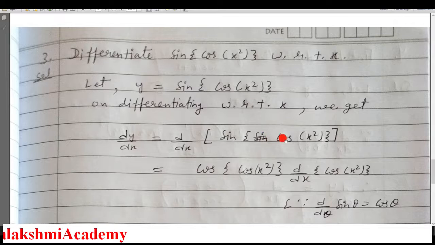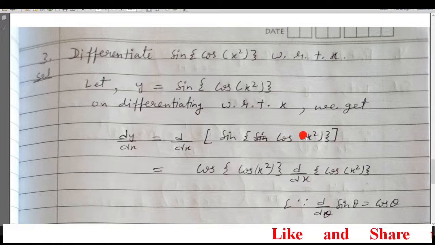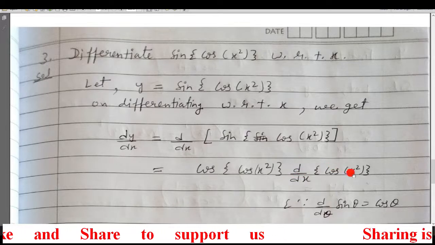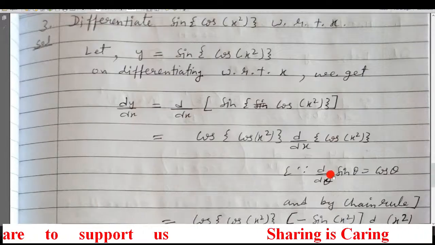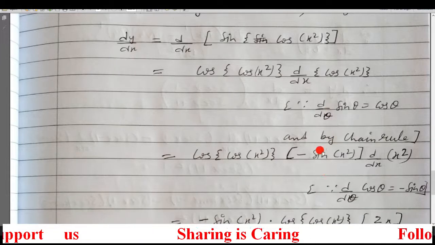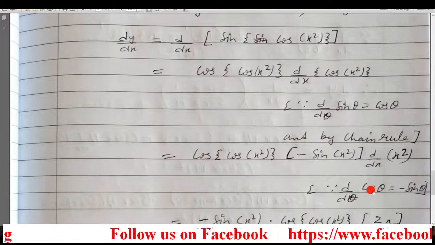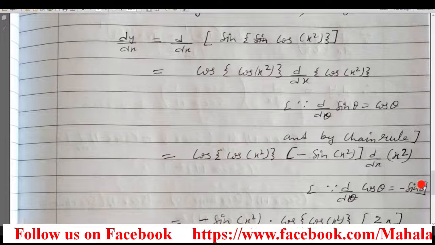But it's not only theta, it's not only x here, that's why we should apply the chain rule. So again the differentiation will go with this: d over dx of cos x square. Now we have to differentiate it again, so we'll use the chain rule. When we differentiate it, we'll assume it as cos theta, and you know cos theta's differentiation is what? Minus sin theta.